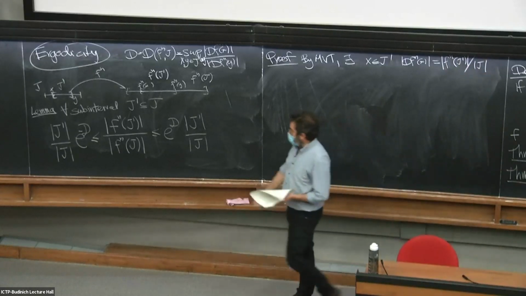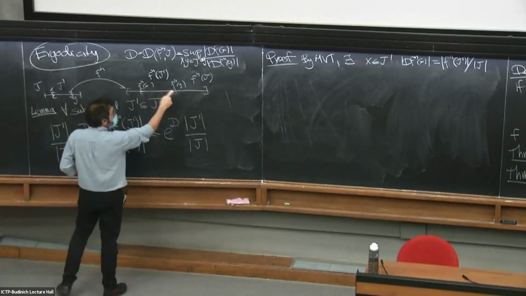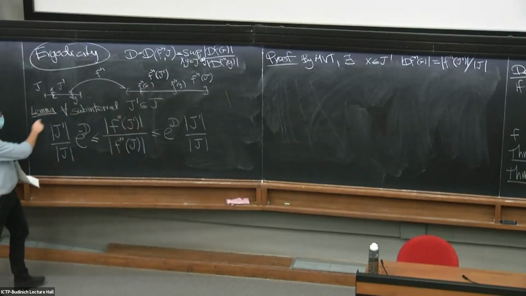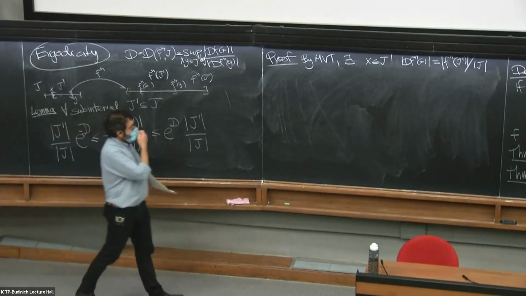So there exists an average derivative. If you compare this to its image, by the mean value theorem there is some point here that has exactly that ratio. That's the average expansion.